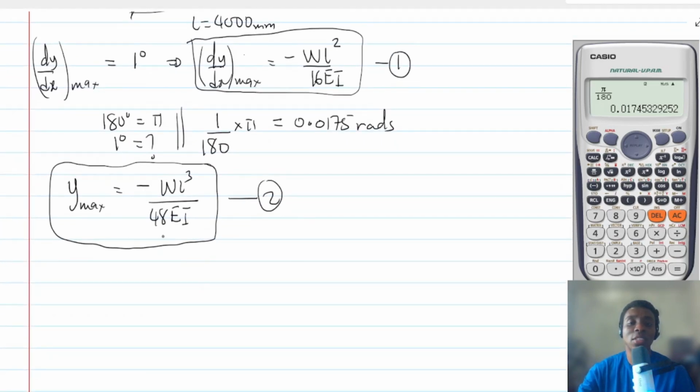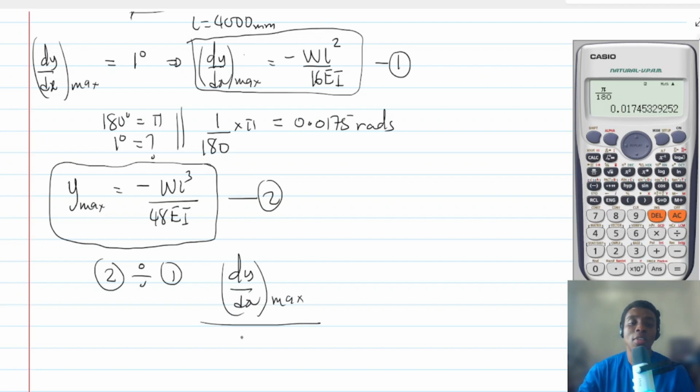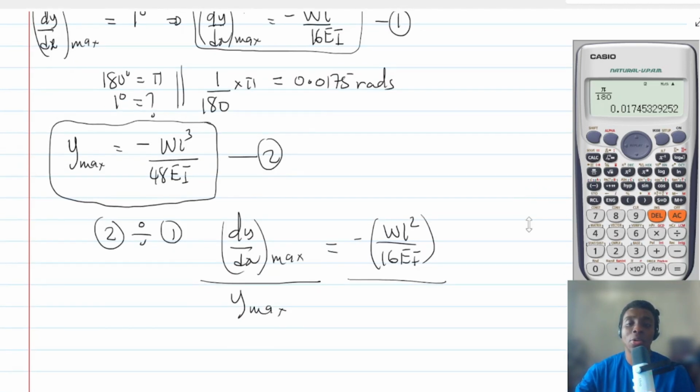If I divide equation 2 by equation 1, we will get y max divided by dy/dx maximum.